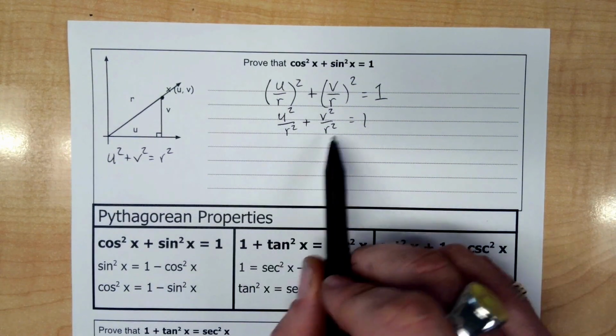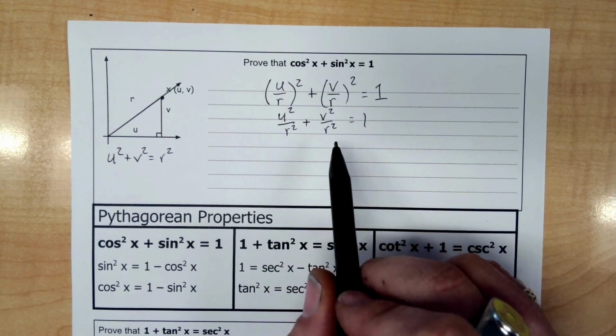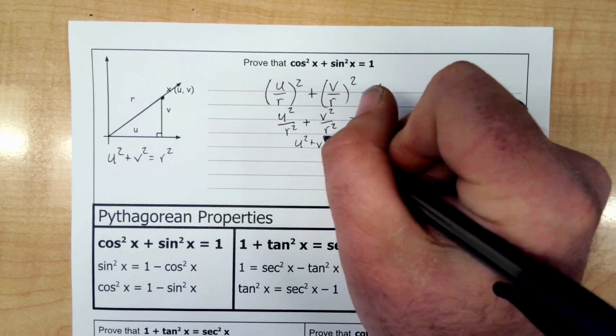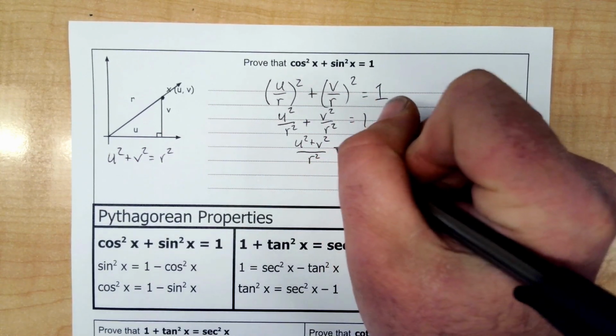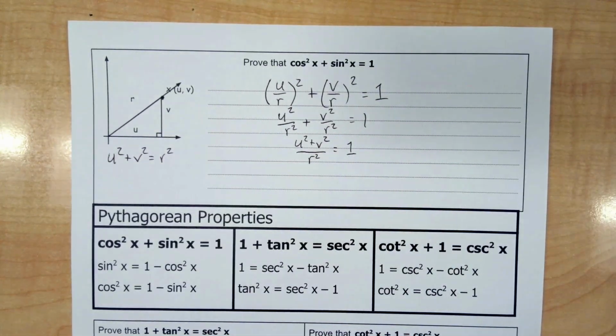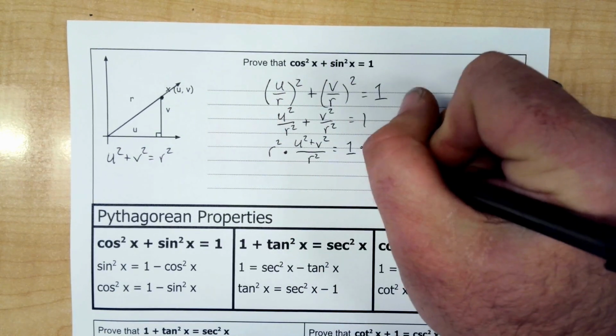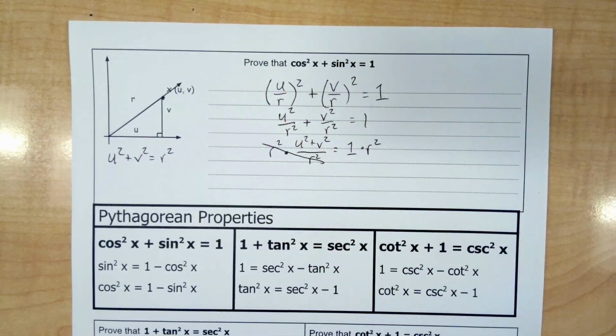We can add fractions with like denominators, with common denominators, by just adding the top. U squared plus v squared over r squared equals 1. And now I'm going to break the rule that I just said, where we should only change one side of the equation. I'm going to multiply both sides of this equation by r squared for a moment so that we can cancel on the left.